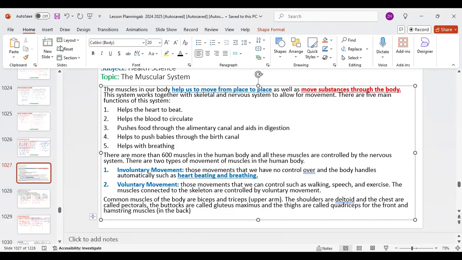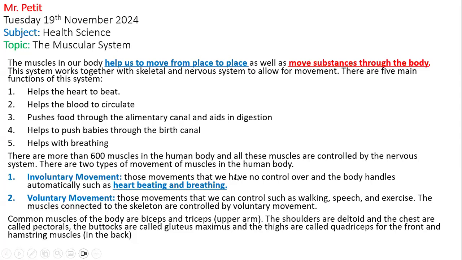So the upper arm muscles, what do we call that? Biceps and triceps. The shoulders are called what? Deltoid. The chest is called the what?